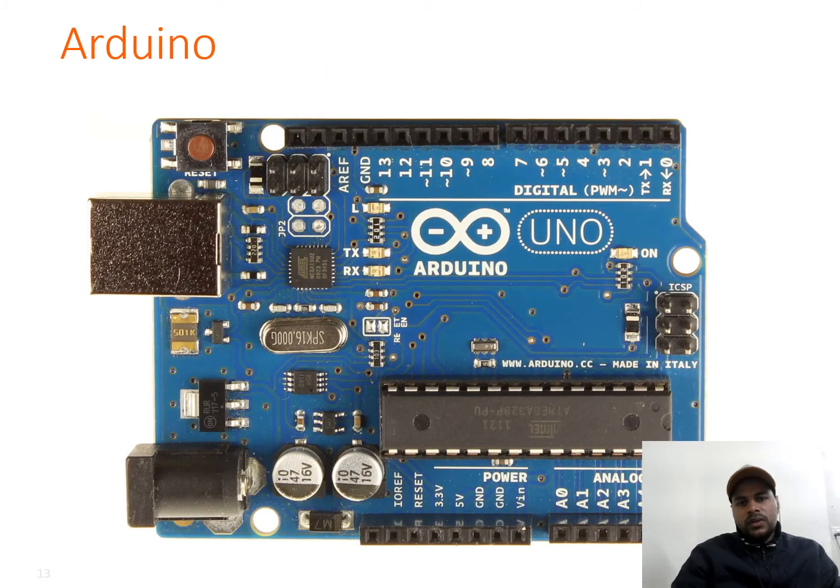This is an example of the Arduino kit SoC chip. It has sensors, a reset button, capacitors, and resistors. We can program this with the help of the Arduino IDE. We can code in C or other languages with the Arduino IDE.